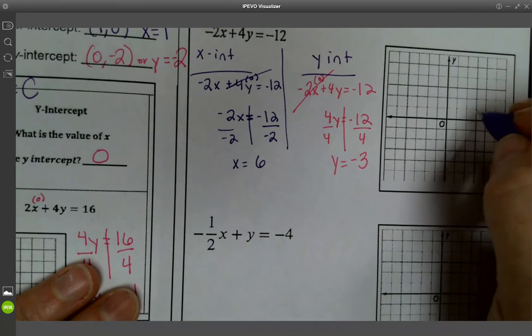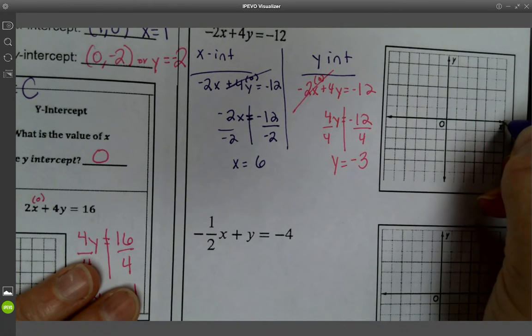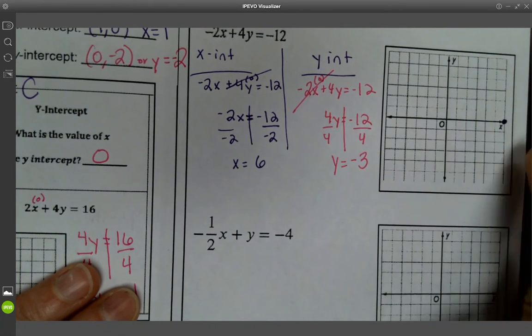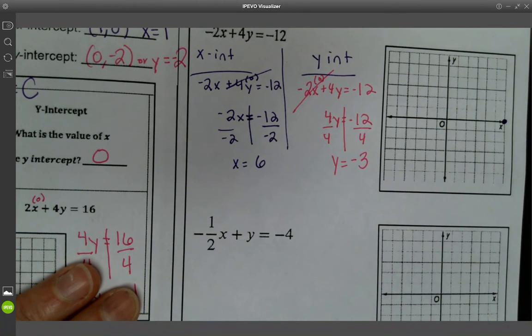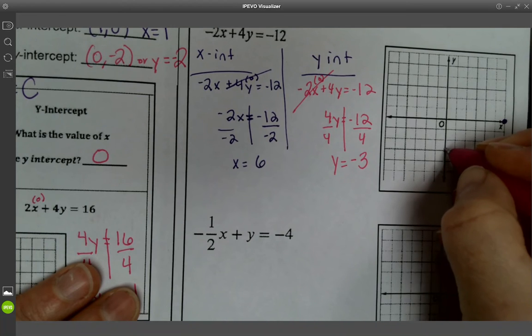All right, so we need to put 6. 1, 2, 3, 4, 5, 6. I guess I could go ahead and do it like that, right? I don't have to go by 2s because it's still in the grid. And then negative 3.